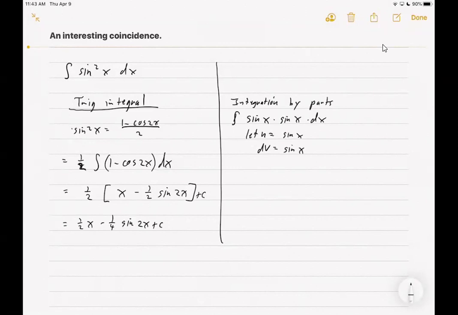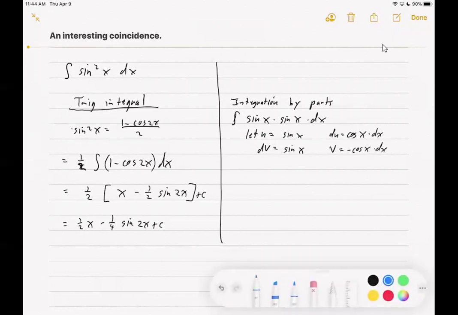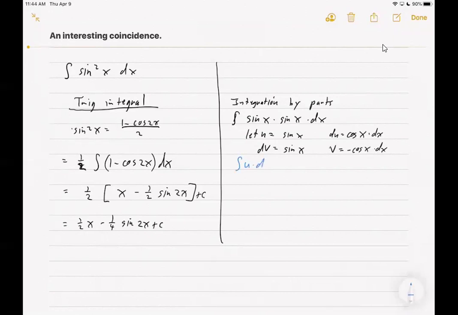So the derivative du would end up being cosine of x dx. All right, and v, the antiderivative, will be negative cosine of x. And then you fill in your little formula that the integral of u dv is equal to uv minus the integral of v du. And I'm going to write it all in.